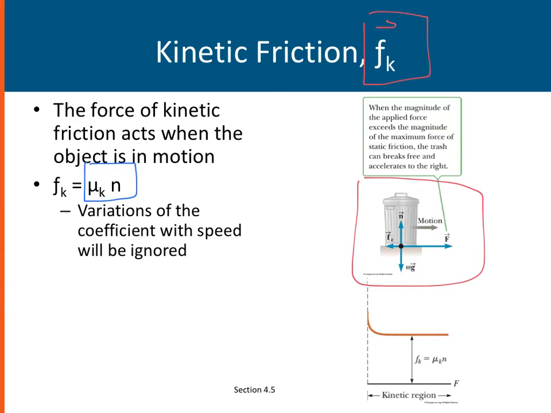And keep in mind, the coefficient of kinetic friction is not the same between two surfaces as the coefficient of static friction. Typically, the coefficient of static friction is greater than the coefficient of kinetic. Technically, there are slight variations in the coefficient of kinetic friction when we operate at higher speeds. However, we are going to ignore these variations.